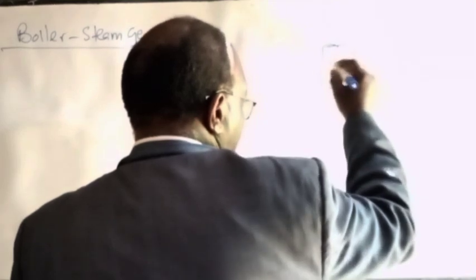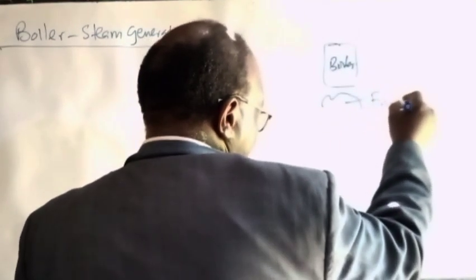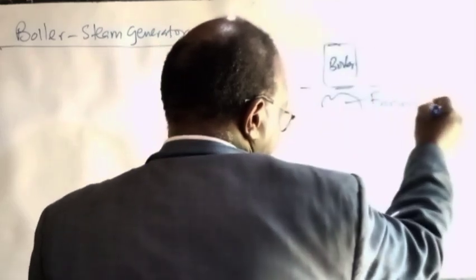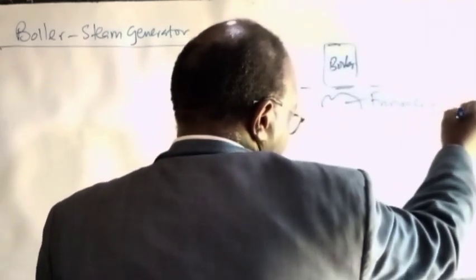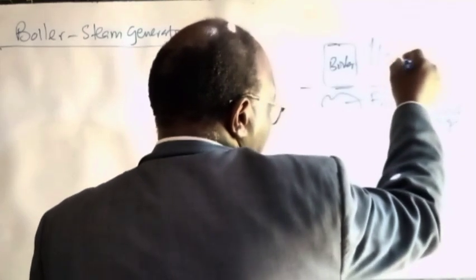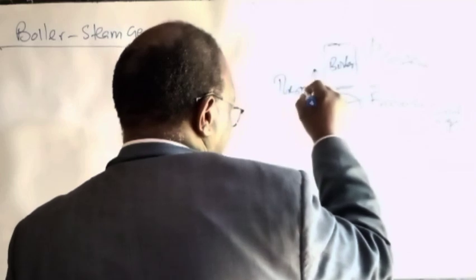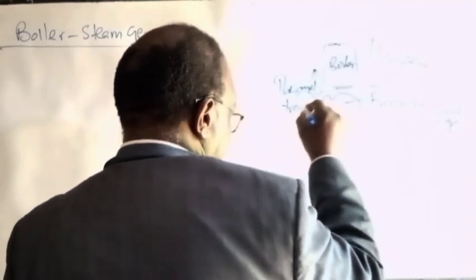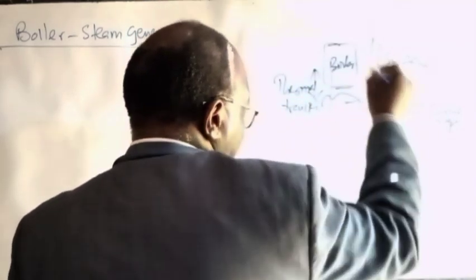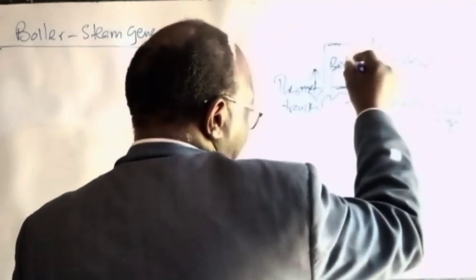So if you look at the boiler as a system, and you talk of the furnace as the surroundings, what we are saying is that there is thermal transfer between the boiler and the furnace.